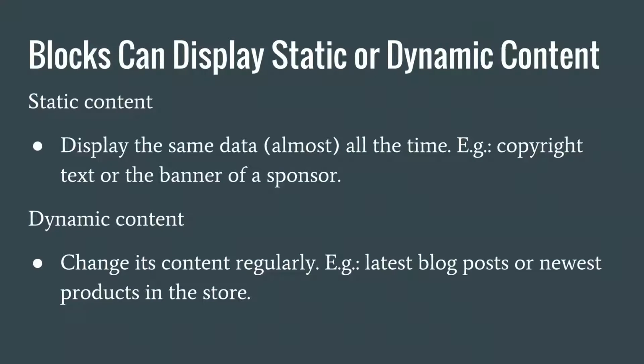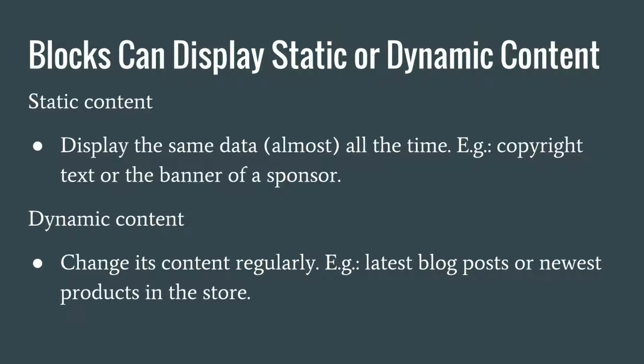For example, they can be static or dynamic in the content that they present. A static block is one that displays the same information always or almost always. For example, if you have a copyright text in your website, like copyright 2016, that will change once a year. So in nature, that content is static.